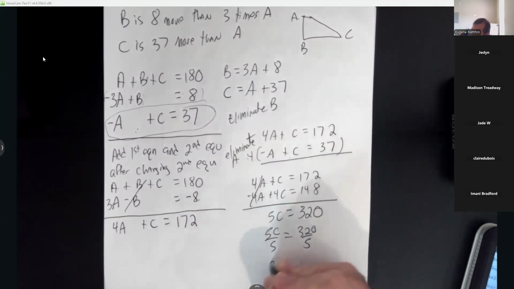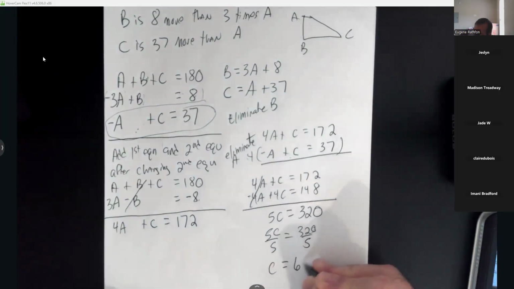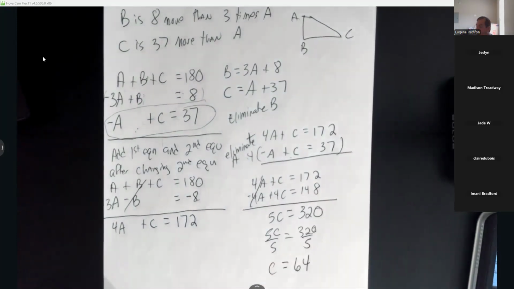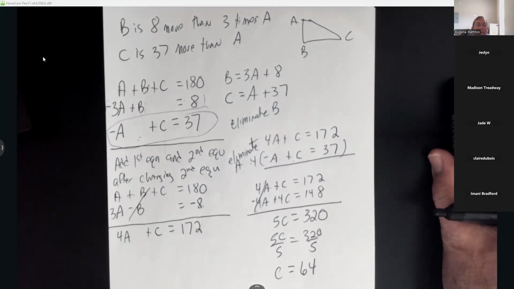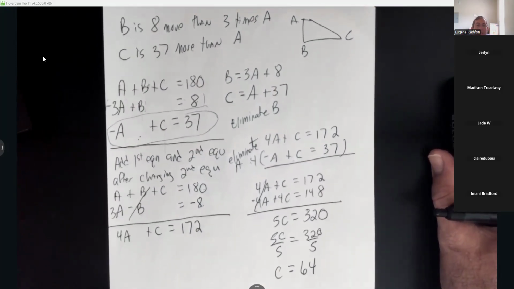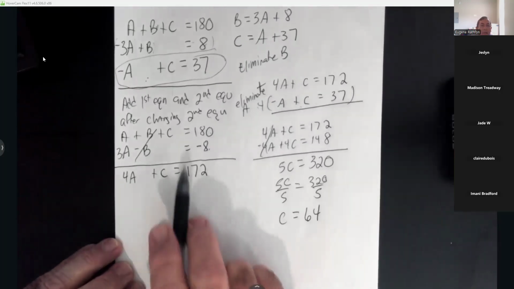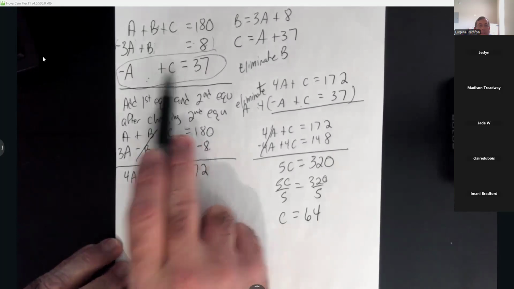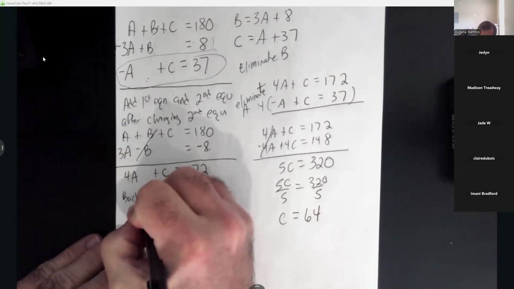That cancels, and 320 divided by 5 means my C equals 64 degrees. So y'all, what that means, since I know what C equals, I can come in here, put a 64 for C, solve it for A. So let me do that and back substitute.